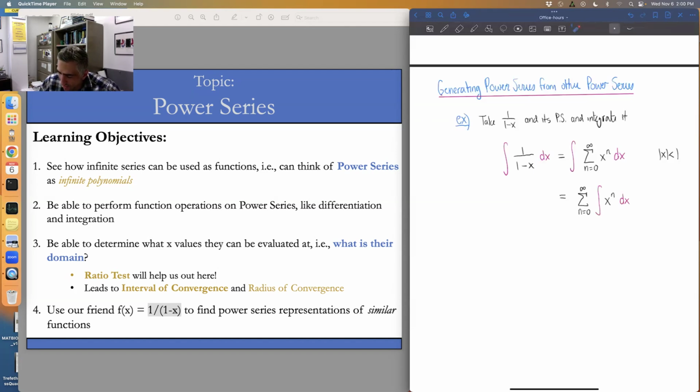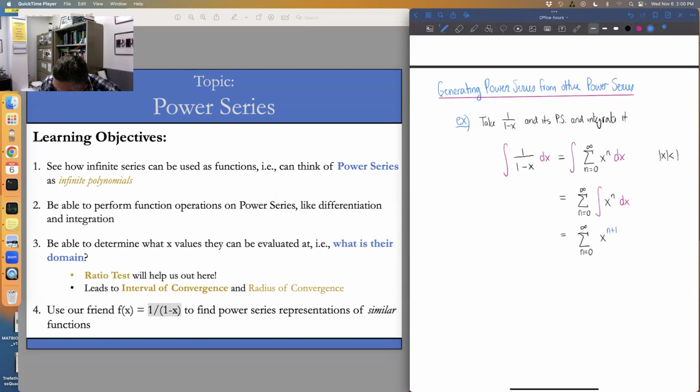And now if you pay close attention here, this is x to some power, so we're going to use the antiderivative power rule. Which means in this case, when we integrate that x to the n, we will get x to the power of n plus 1 all over n plus 1. And now since this was also an indefinite integral, an integral without any bounds, we also need an integration constant so we can tack on a plus c. So again, integrating power series is pretty nice because we're just going to use the antiderivative power rule.